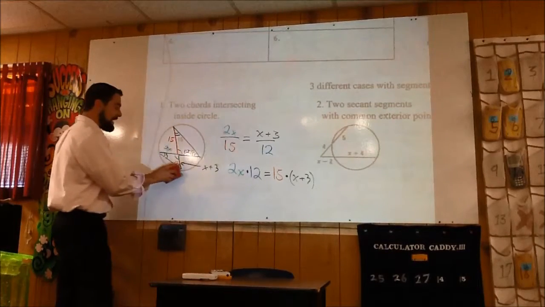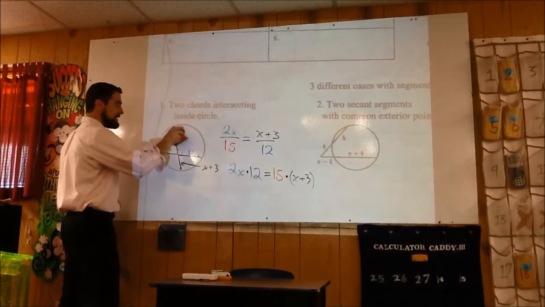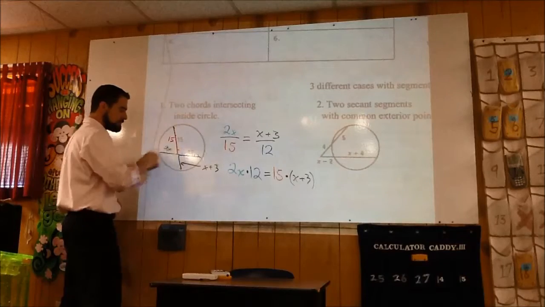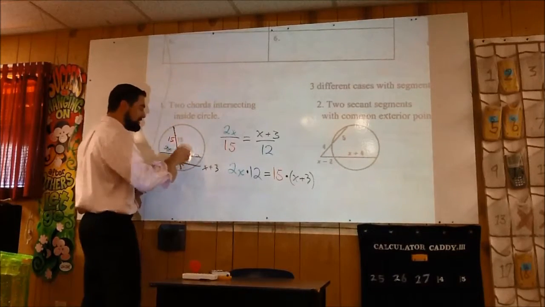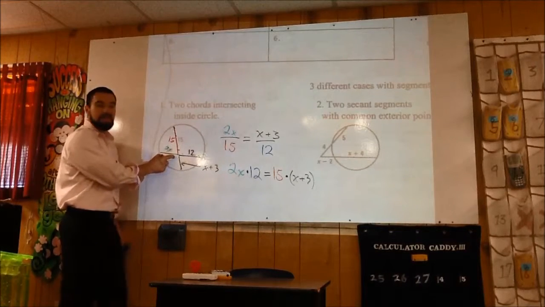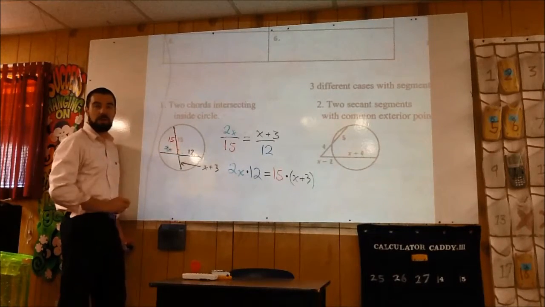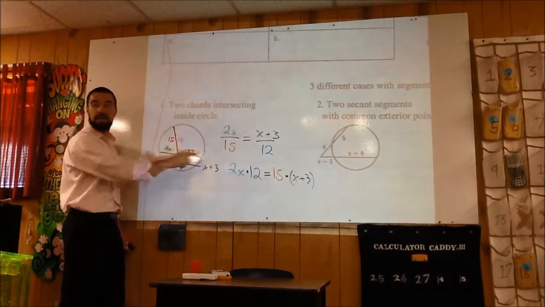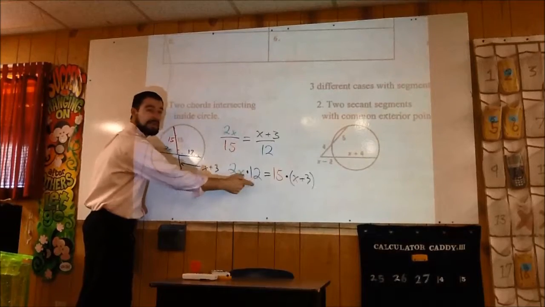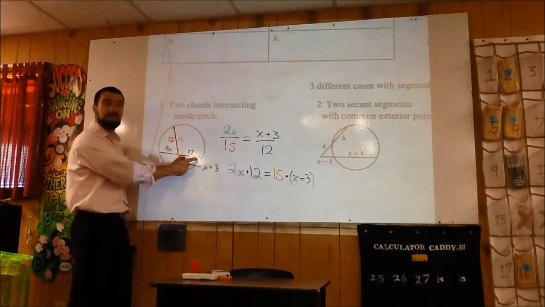And so in the end, because these triangles are similar, we took the product of the two pieces of one chord. This is one chord right here, broken up into two pieces, and we took the product of those two pieces. We took 2x and multiplied it by 12.